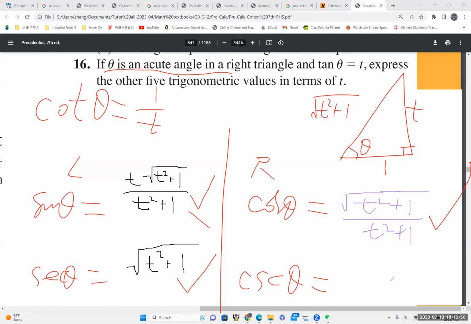Actually, we can get it from this, right? Yes. Another way is the reciprocal. Anyway, so you go ahead.